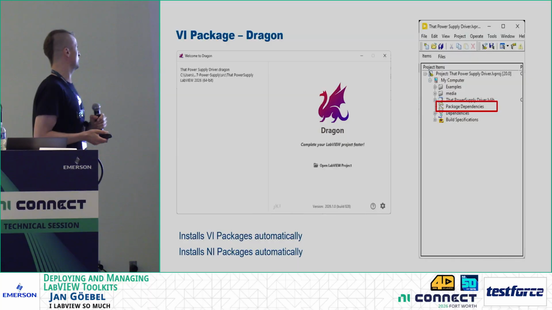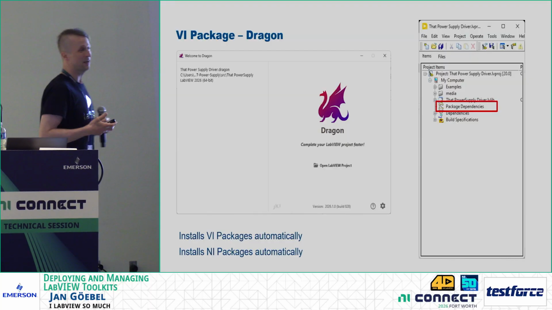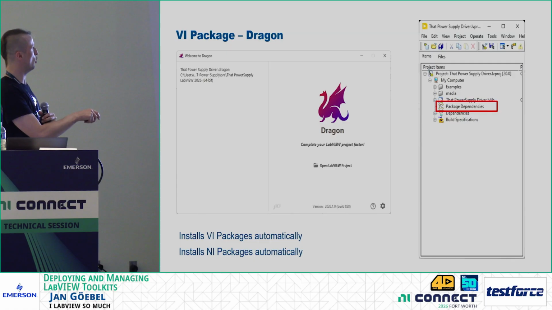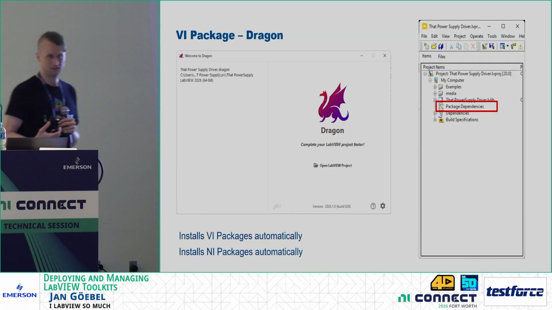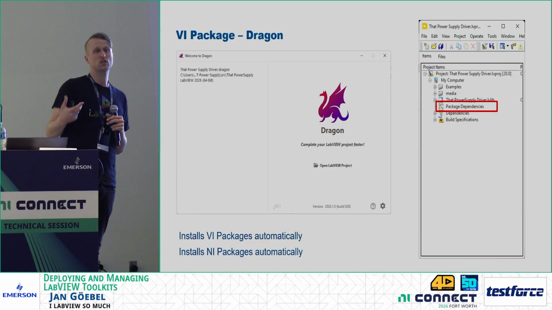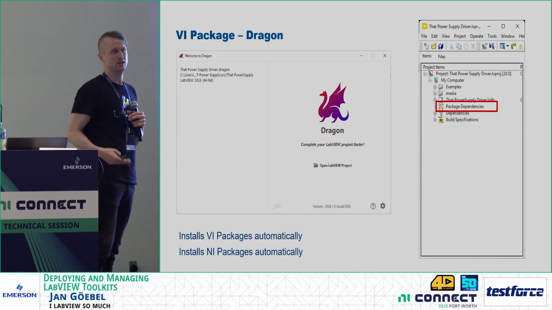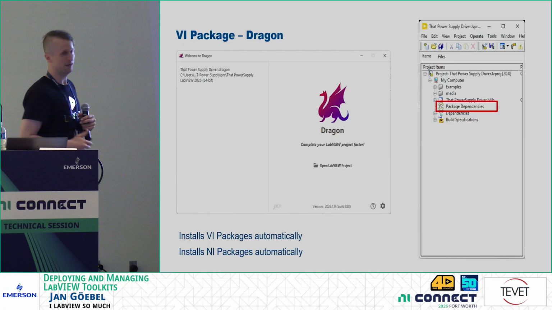A few? Yeah, so JKI Dragon is a tool that will scan your whole project. You can basically open it and then open your project through the Dragon. And it will know which LabVIEW version to open it in, because it will read from the last version you saved it in, basically. It opens it in the correct LabVIEW version.